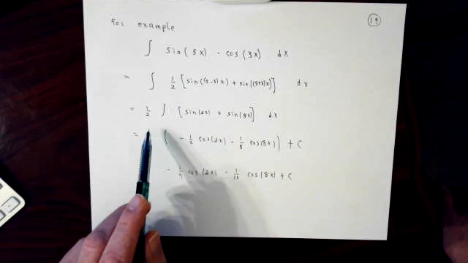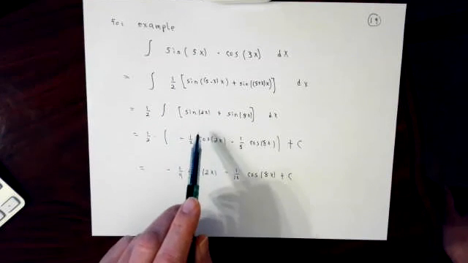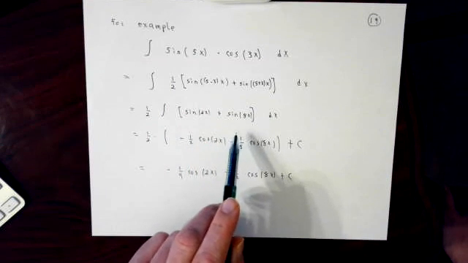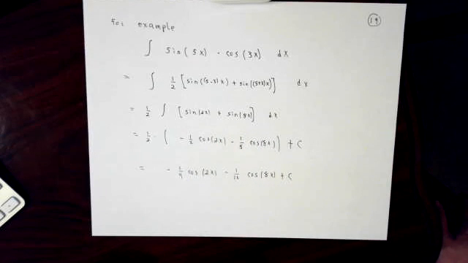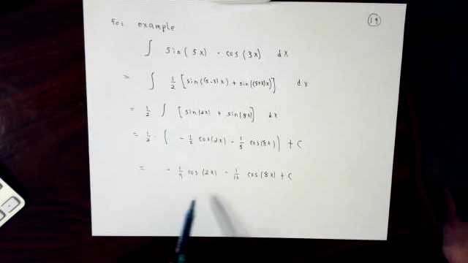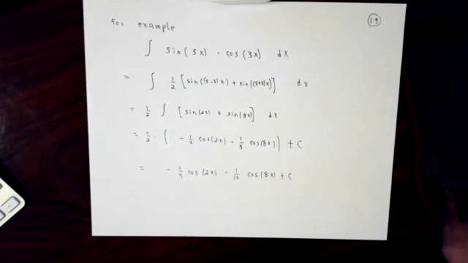So I end up with 1/2 times the integral of sine 2x plus sine 8x dx. The antiderivatives of both terms are easy to get. And after doing the simplification, my antiderivative is negative 1/4 cosine 2x minus 1/16 cosine 8x plus a constant.